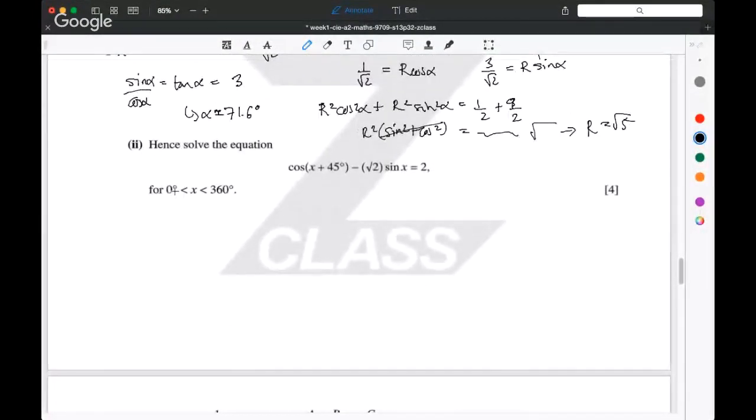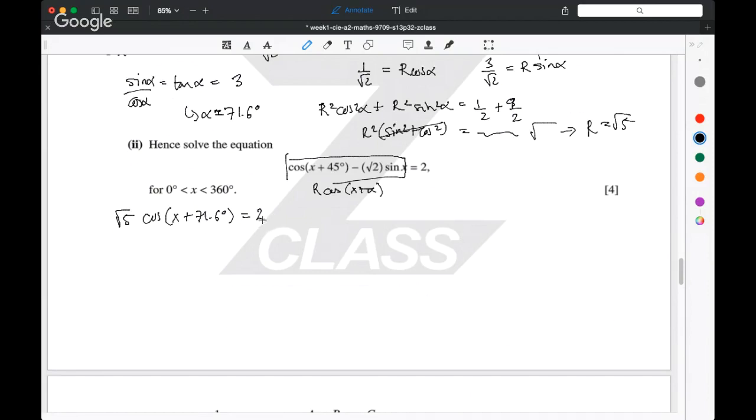Okay, hence solve this equation. So we're going to use this info, and we're told that all of that business is equal to 2. So this thing is just r cosine of x plus alpha, right? So we have that square root 5 cosine of x plus 71.6 degrees is equal to 2.